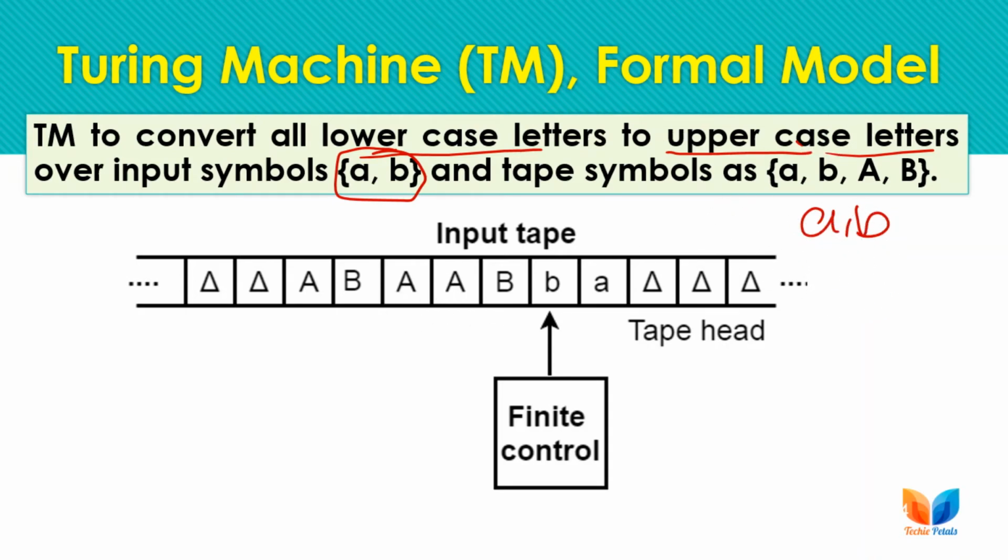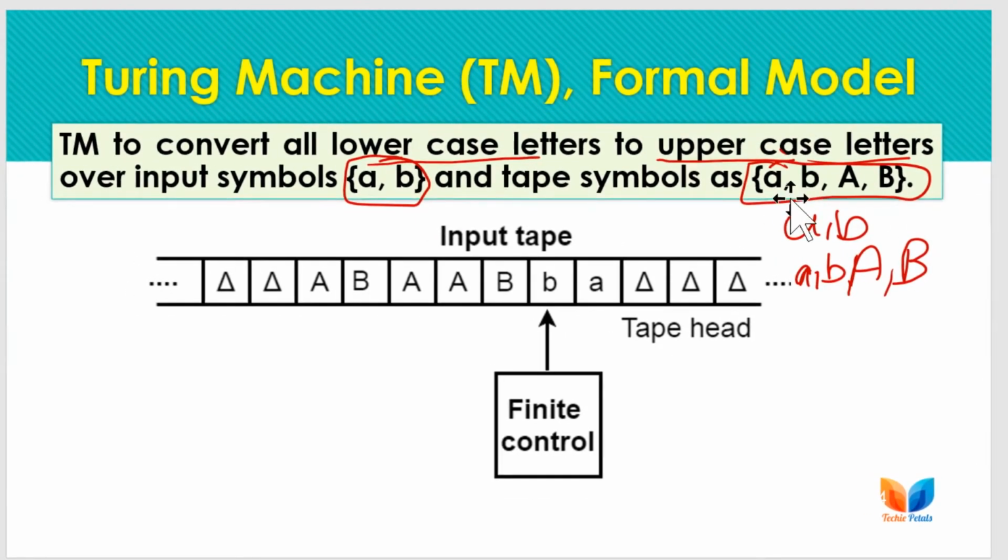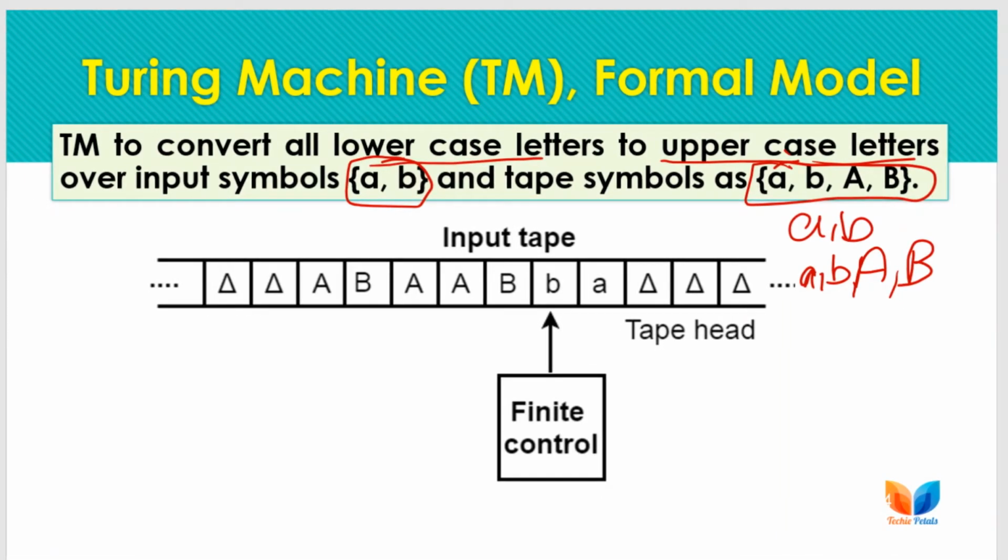Now the tape symbols we are taking here as lowercase a and b, and capital A and B, because you can compare these tape symbols with the output symbols of a Mealy machine. Like here we have input symbols a and b, so lowercase a and b are taken as the input symbols, and the capital A and B are the output symbols, right?